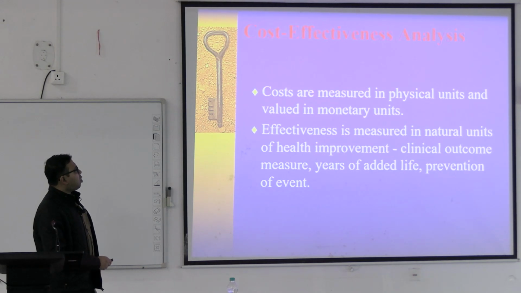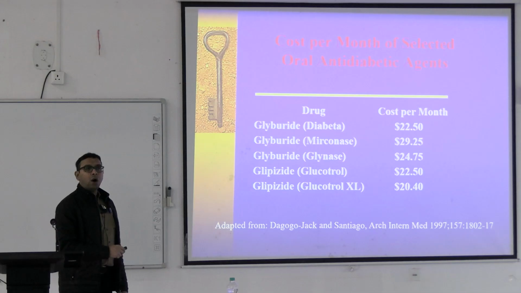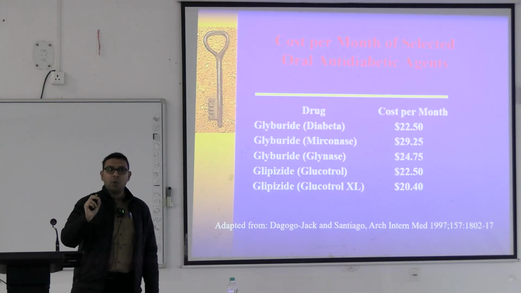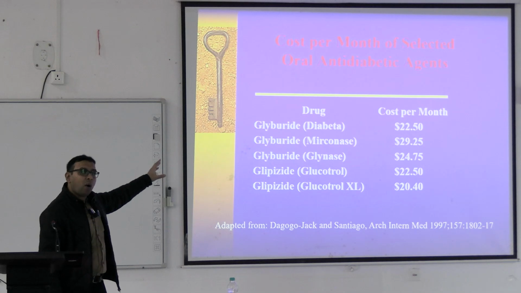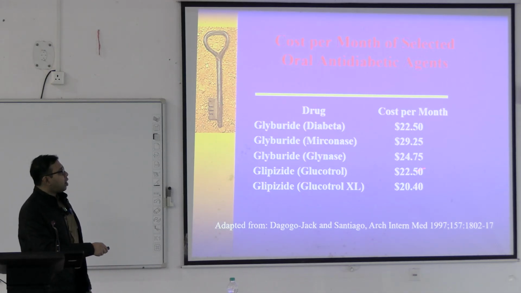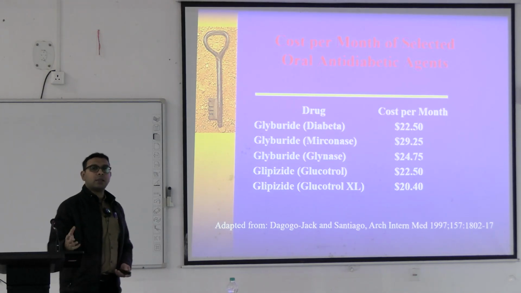Here we are assuming the consequence of reduction of the blood glucose level or the reduction of the HbA1c level is similar for all these drugs. Now the cost is, some is 22, some is 29. So we can say that the first drug and the fourth drug are quite less in comparison to the other drugs. The fifth drug is much less, 20. So this is cost minimization analysis.